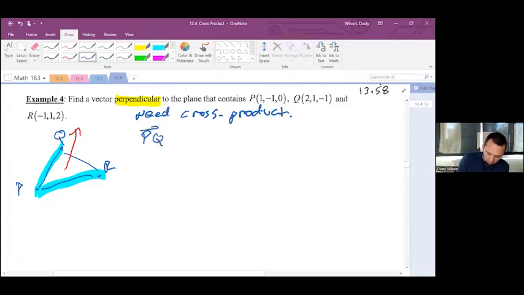So PQ is equal to Q minus P. That'd be 2 minus 1, 1 minus -1, -1 minus 0.